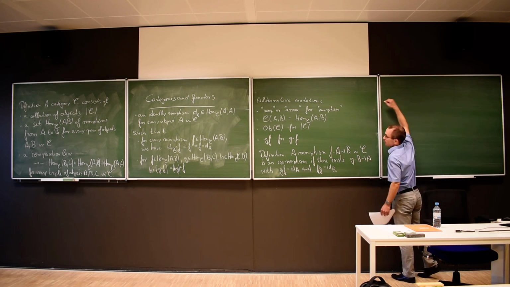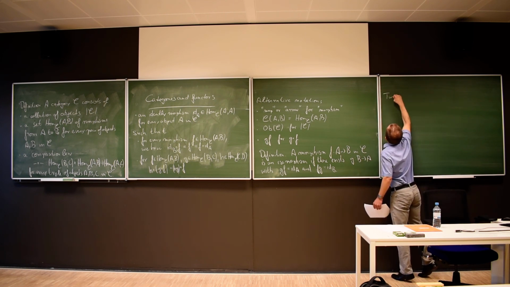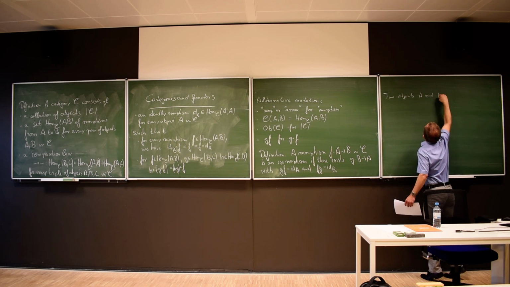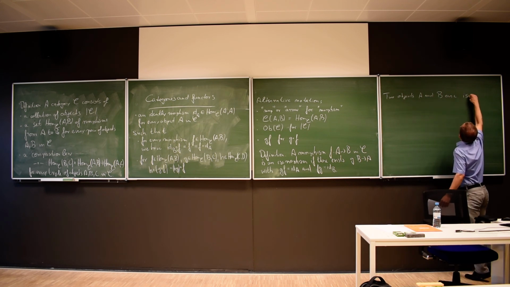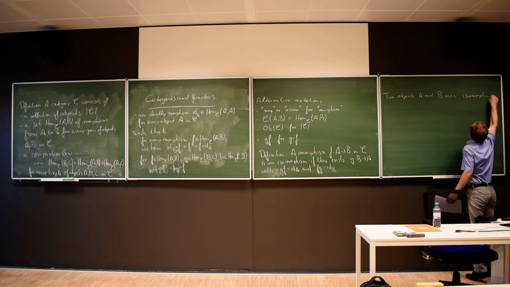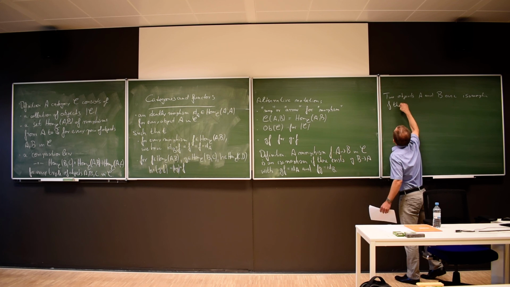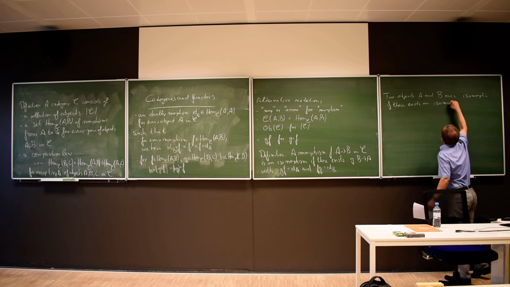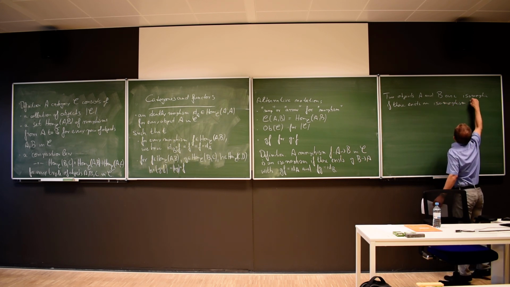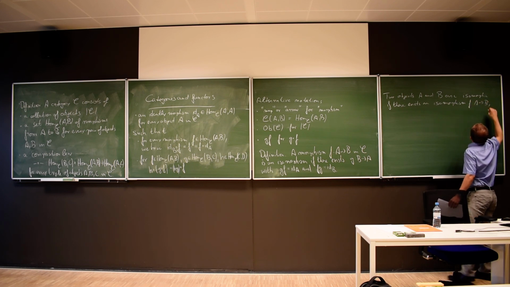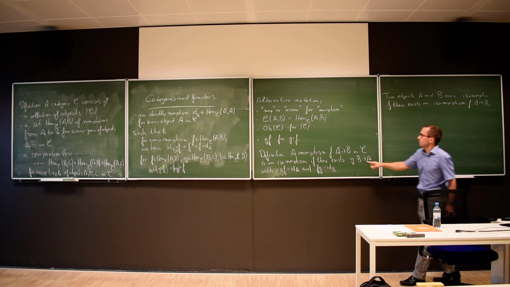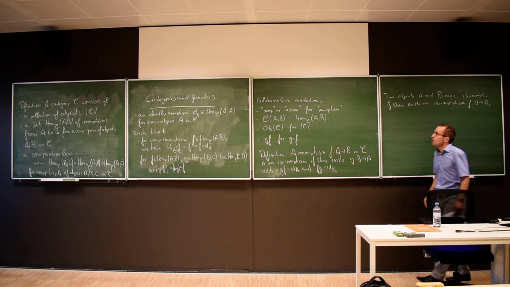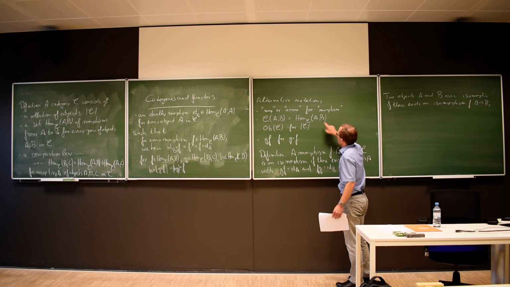And continuing this definition, we say that two objects A and B are isomorphic if there exists an isomorphism F from A to B. And this F from A to B, or G from B to A notation that I already used here, that's of course just another notation for elements in here.